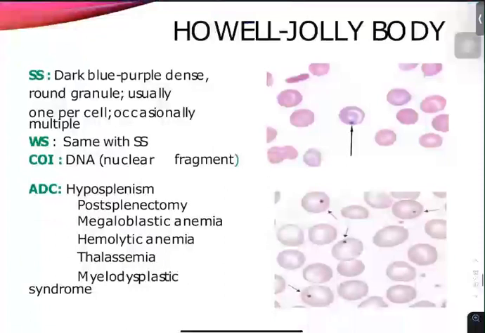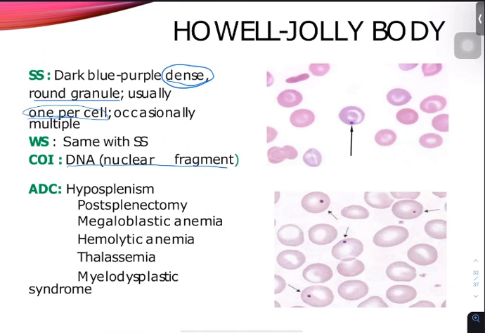Next is your Howell-Jolly body. Dark blue, dense, round granules. Unlike your first two, this is bigger. Usually only seen in 1%. What causes this? It is due to your DNA fragments.